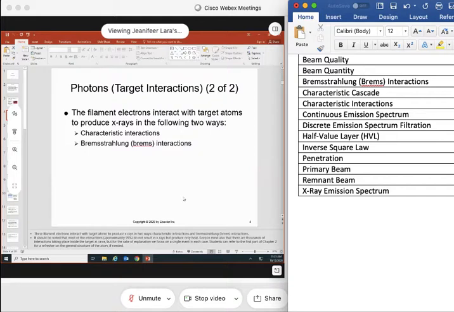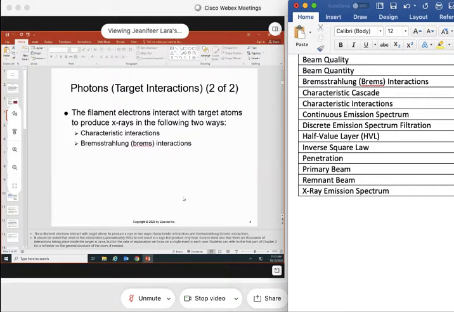What does ionizing mean? Ionizing means you separate the electrons from the atoms. So we're separating, or liberating, or removing, however you want to say it, an electron from its orbit.